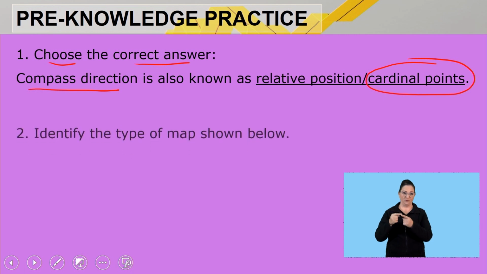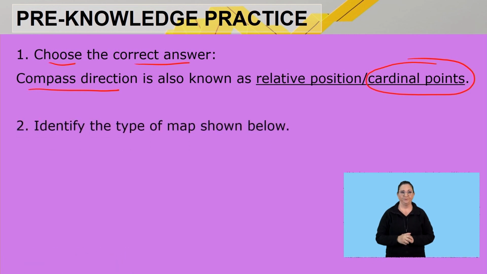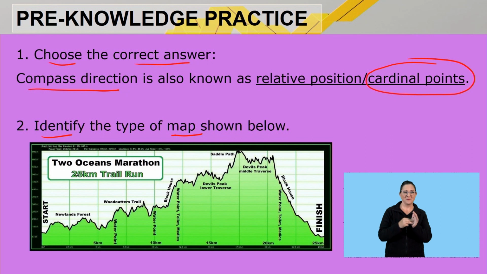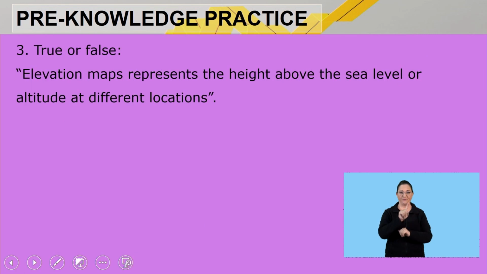All right, let us look at another question. Question number 2. It says identify the type of map. So what type of map do we see here? Looking at this map, I'm sure you'll agree with me, this is an elevation map. Guys, are we clear? Can you see that's an elevation map? Okay, let's look at our next question.